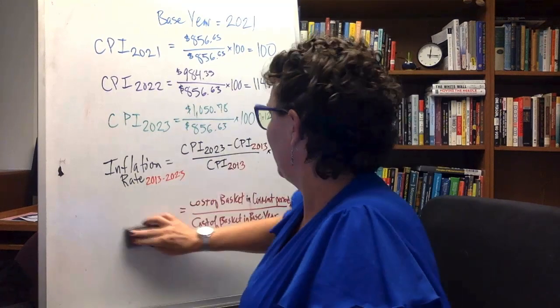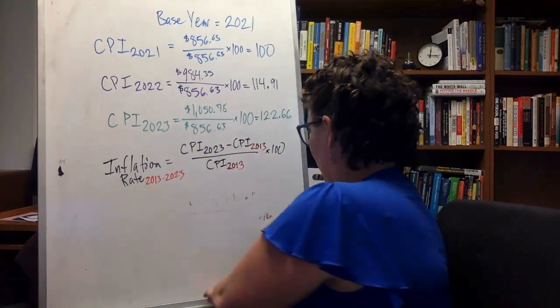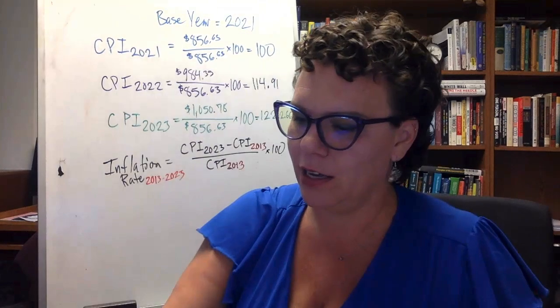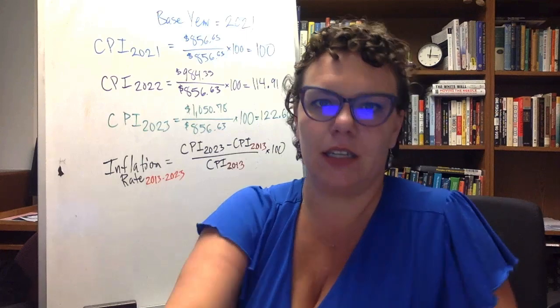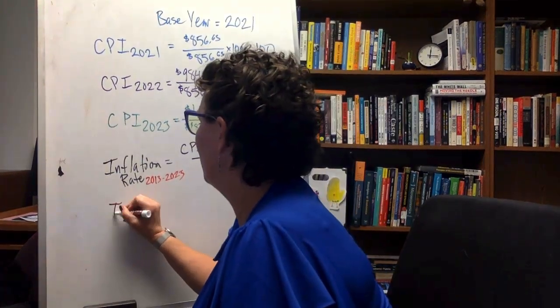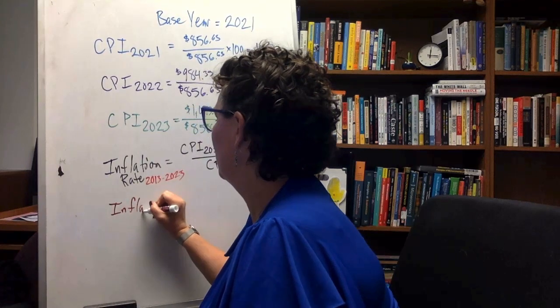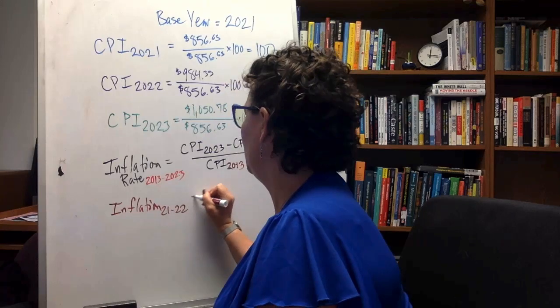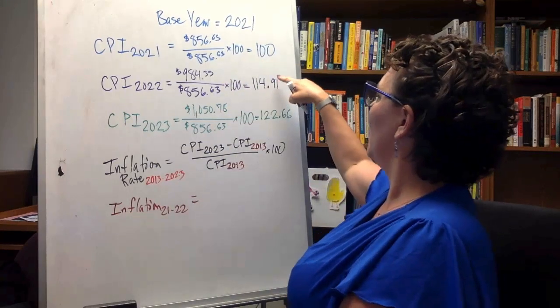So let's get rid of this and calculate that inflation rate real quick. What we're going to see is, if you want to see inflation from 2021 to 2022, that's going to be taking this CPI and this CPI.